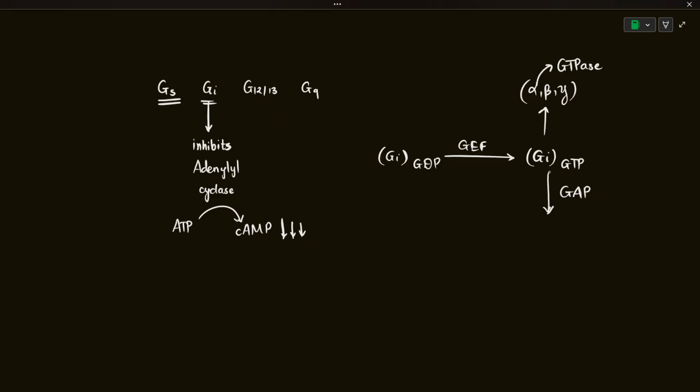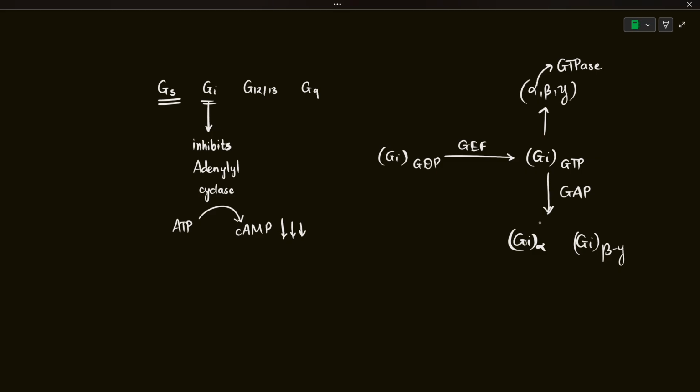So this G protein has intrinsic GTPase activity, but to activate that GTPase activity you need an external regulatory protein, which is GAP in this case. So this is going to activate the GTPase activity of the alpha subunit of the GI protein, and that is why the GI protein will split into the alpha subunit and the beta gamma subunit.